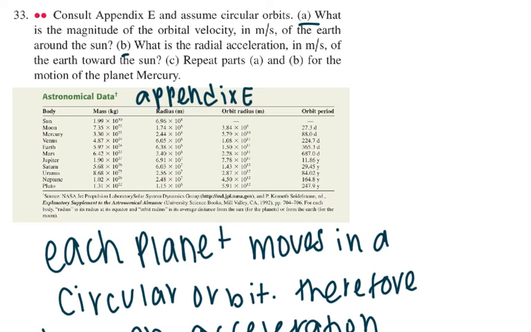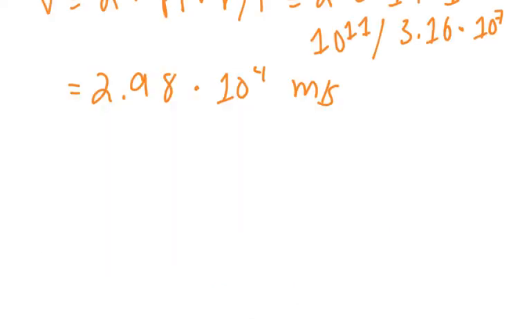Now we're going to do what is the radial acceleration in meters per second squared of the Earth toward the Sun.